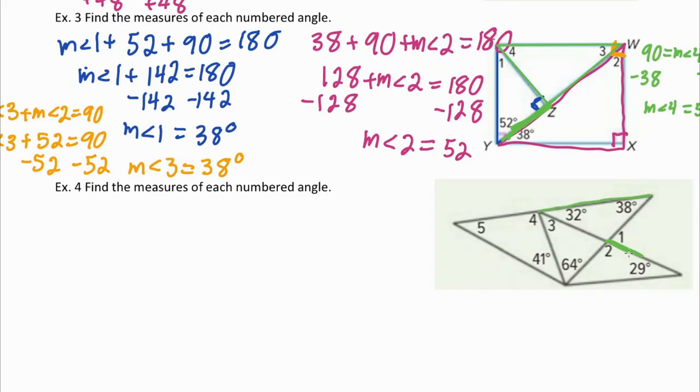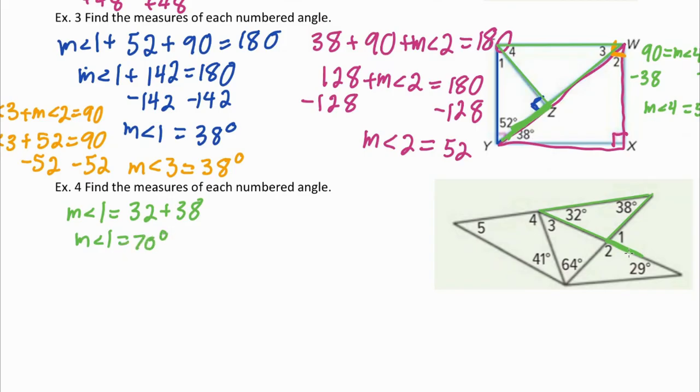But I do have a triangle here, and I am given the 2 remote interior angles of this triangle. So that means I can say, again, that exterior angle, that measure of angle 1, is going to be equal to the sum of the two remote interior angles, 32 and 38. So the measure of angle 1 is going to be 70.